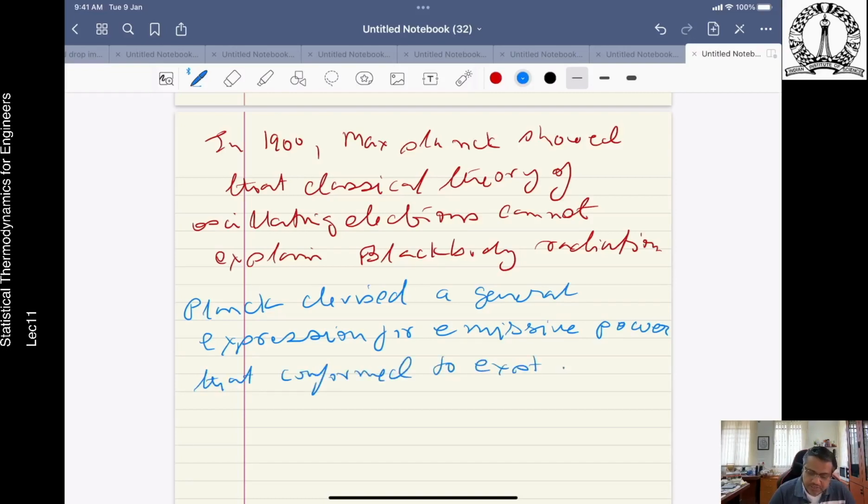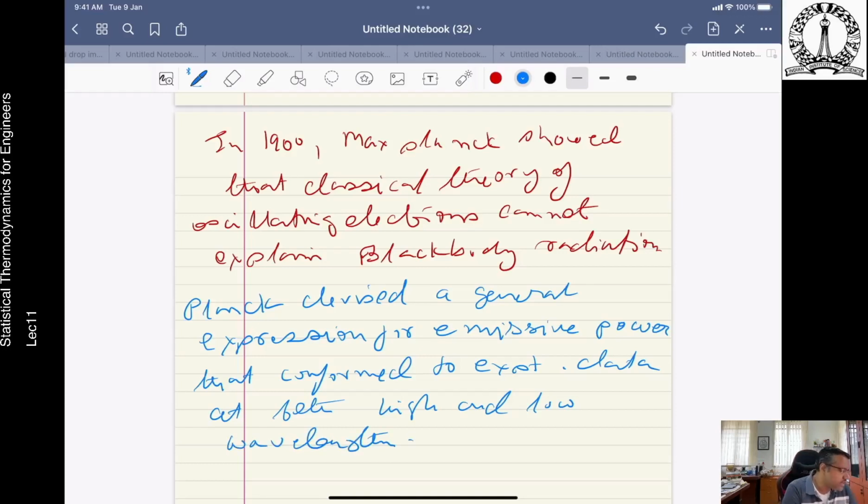So experimental data at both high and low wavelengths, both the limits were basically satisfied.